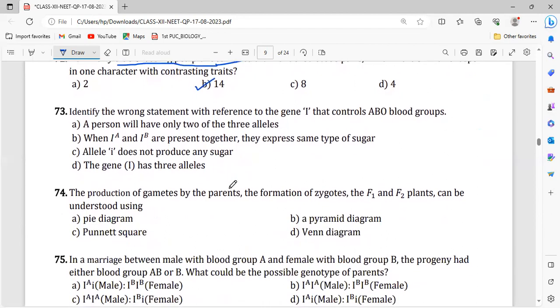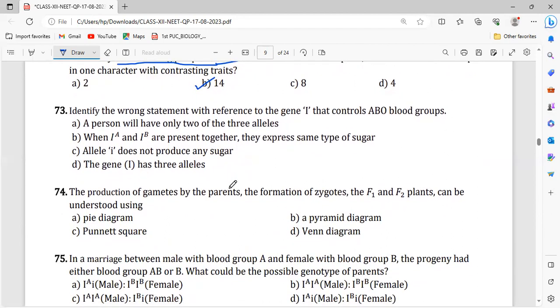73. Identify the wrong statement with reference to the gene. As per what we are doing, we will highlight the wrong one. A person will have only two of the three alleles. Yes, the person should have only two alleles because we have only two homologous chromosomes.